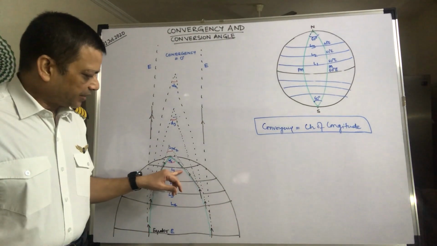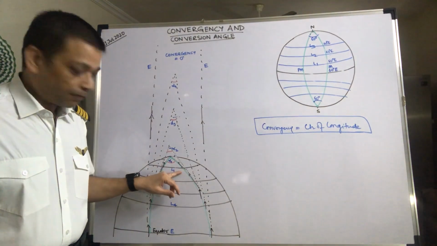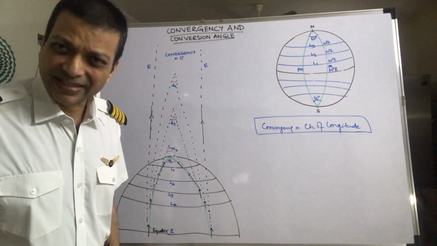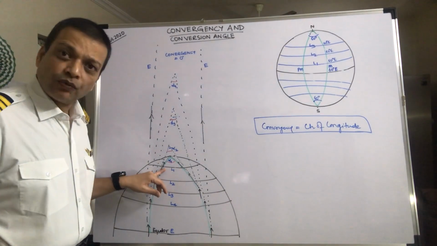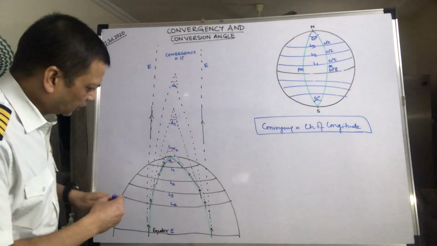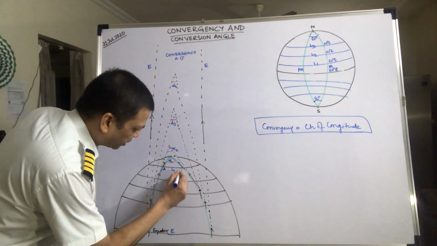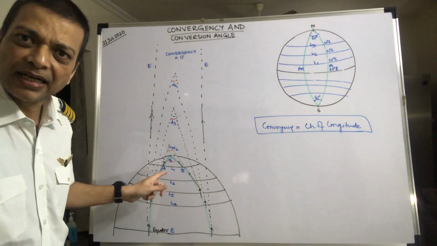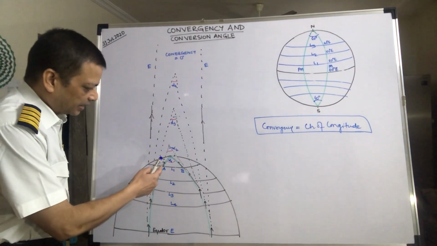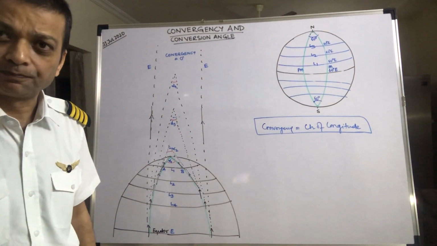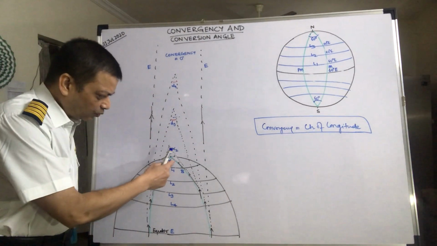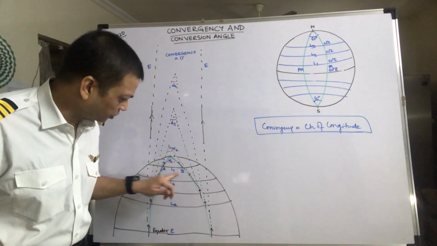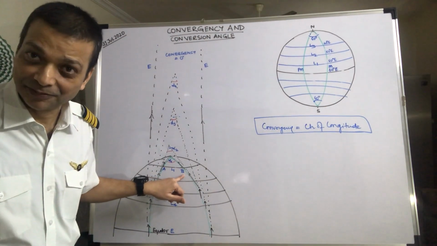Now, if we take these two points at the latitude where both the meridians are intersecting, you will find that if you take this position as A and this position as B, and you draw a tangent over point A as well as point B, they are going to meet at the North Pole. It means that the angle which they subtend is 60 degrees, if the change of longitude here is 60 degrees.